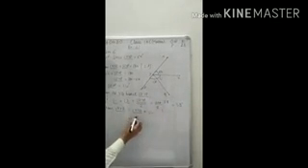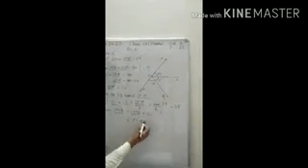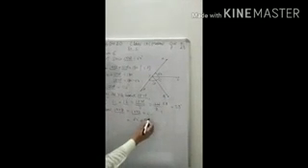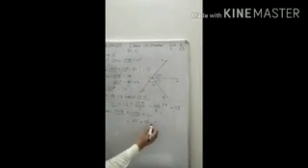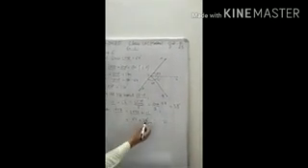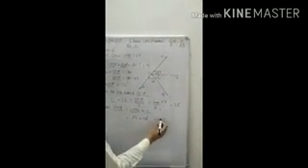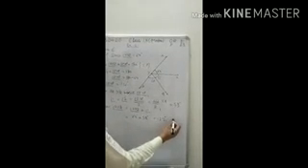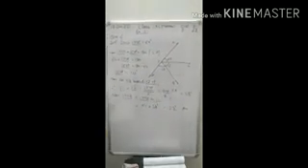XYZ is 64 degrees, and angle 1 is 58 degrees. So you just add it: 8 plus 4 is 12, 1 carry, 6 plus 5 is 11, 11 plus 1 is 12. So the first answer is 122 degrees.